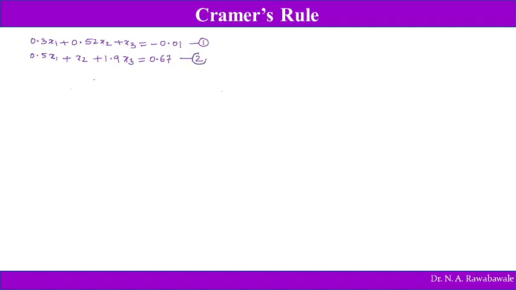The third algebraic equation is 0.1x1 plus 0.3x2 plus 0.5x3 is equal to minus 0.44.